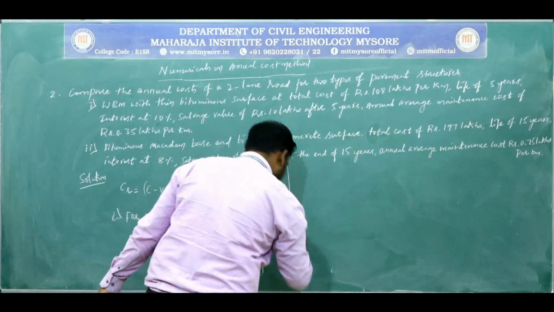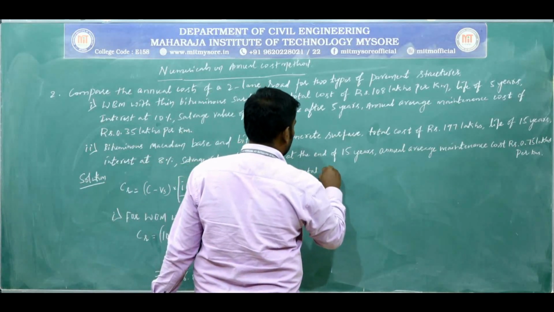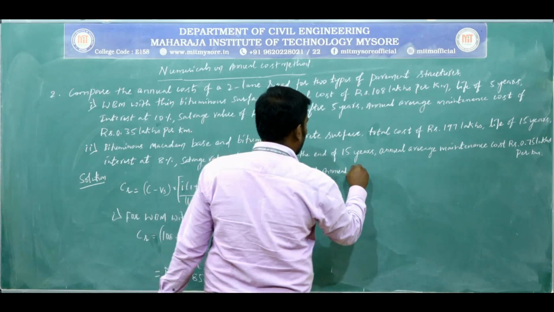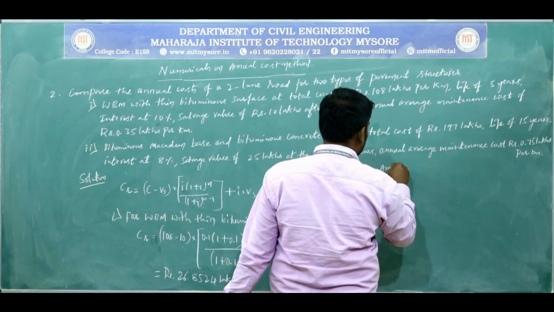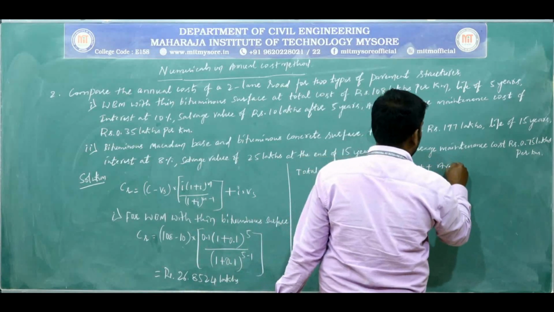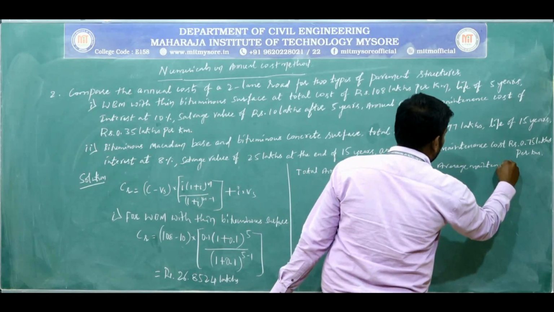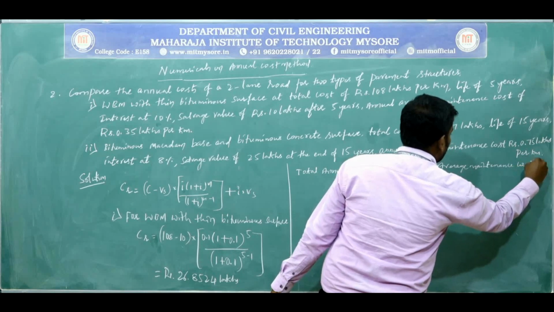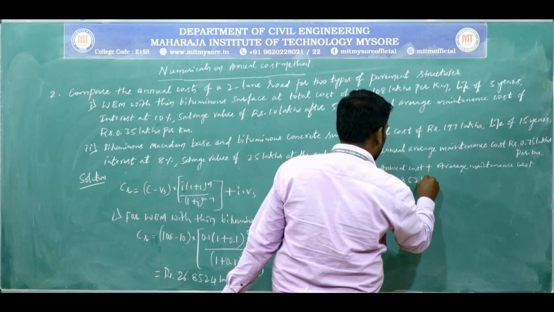Then the total annual cost. Total annual cost is equal to what? Annual cost plus average maintenance cost. What is the annual cost? It is 26.8524.